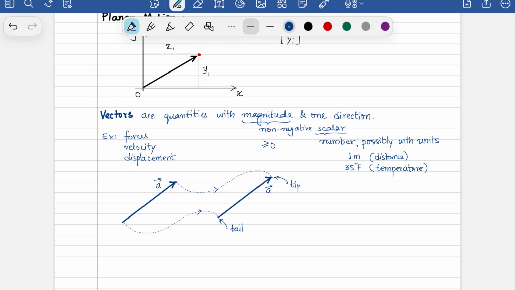And what I just showed over here is that vectors can be translated without rotation or change in magnitude.